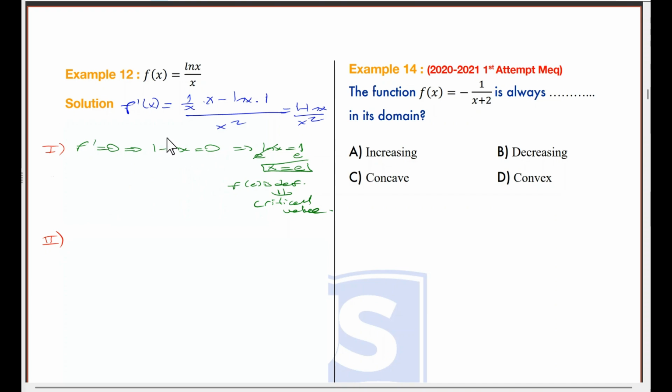In order for the derivative to be undefined, the denominator should be 0. F prime is undefined, then the denominator is equal to 0, then x is equal to 0. Is the function defined at 0? F of 0 has ln 0 over 0. No, it's undefined, so it's not a critical value.